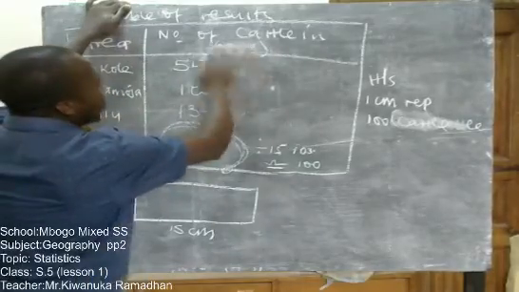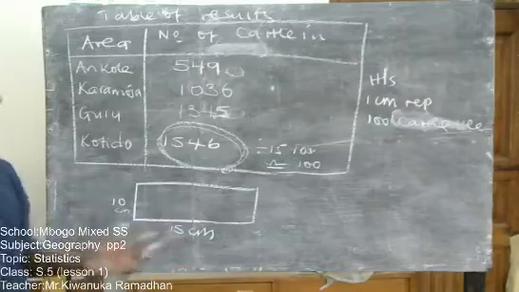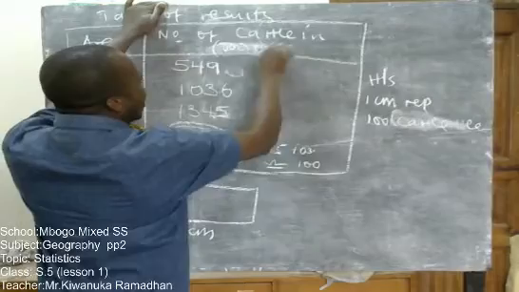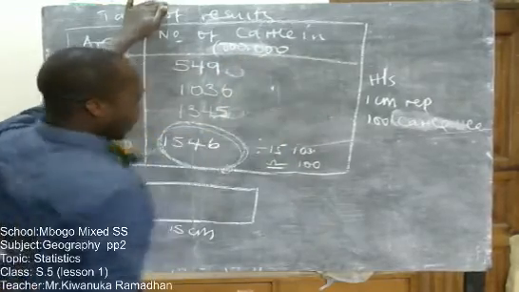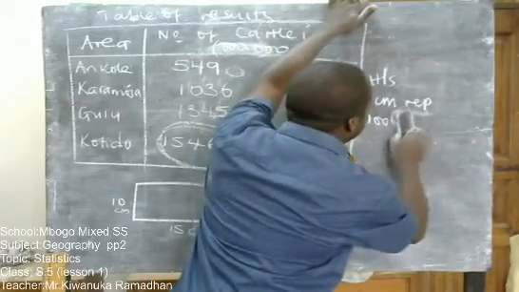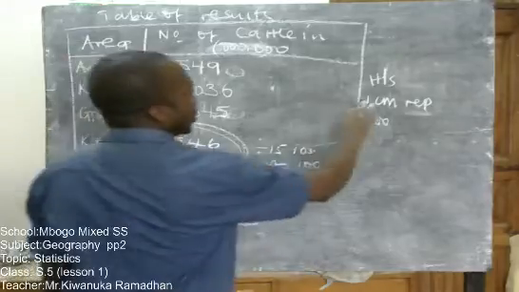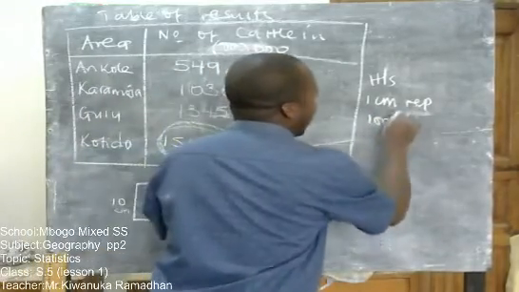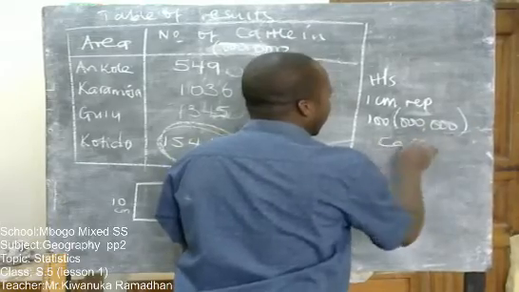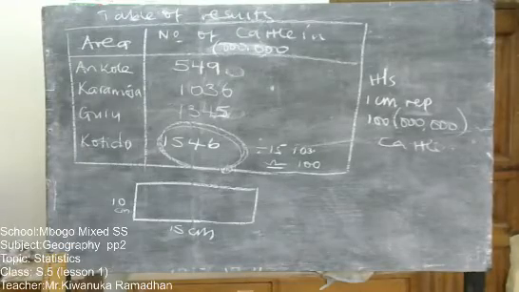Had our table not been in thousands, had it been in millions, similarly, even our scale was going to change. We would say that 1 centimeter represents 100, then in brackets we put those 6 zeros. Hope we are understanding that.